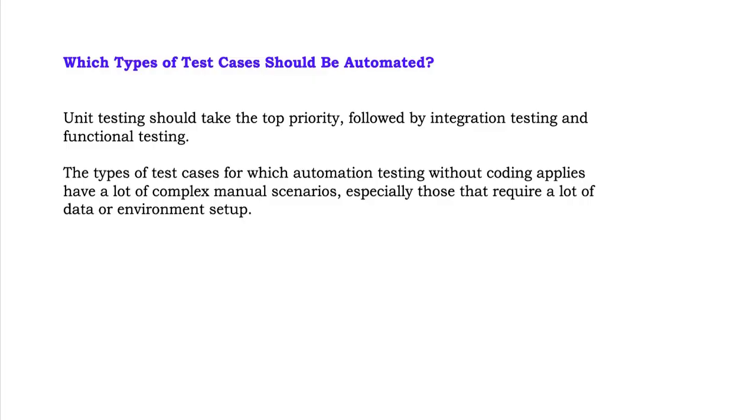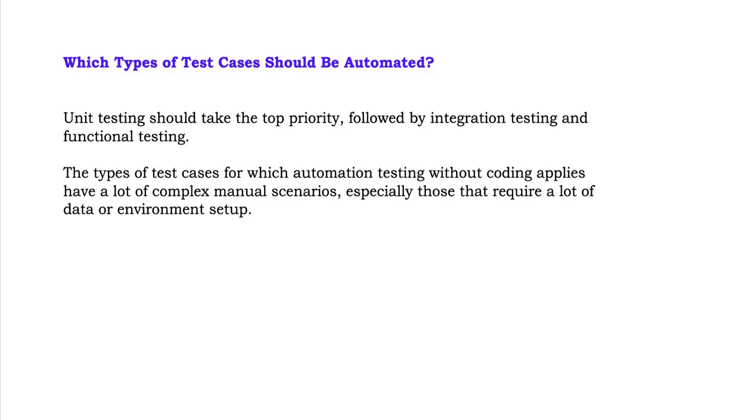The types of test cases that are hard to automate have a lot of complex manual scenarios, especially those that require a lot of data or environment setup. Sometimes certain test cases should be tested manually only.